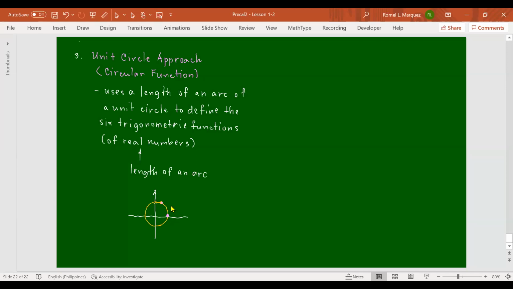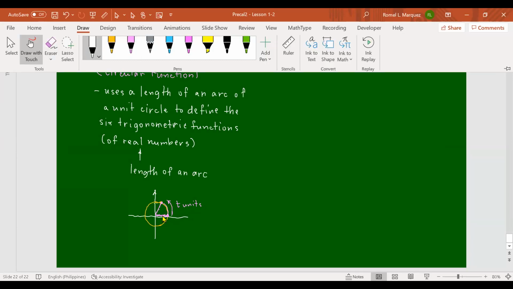So this is of length T units, for instance. That's the value, for instance, of your S, the length of your arc. S is T units. So this length, T units, is numerically equal to the measure of this angle.